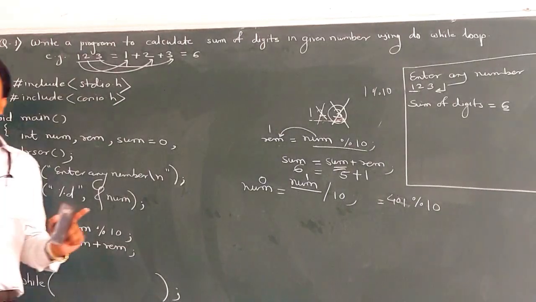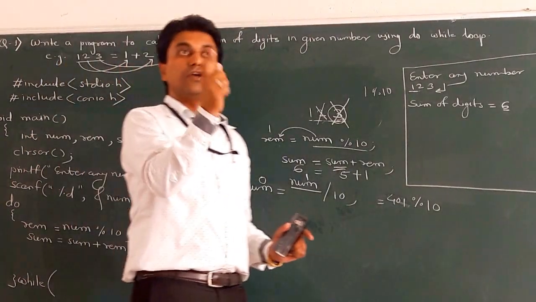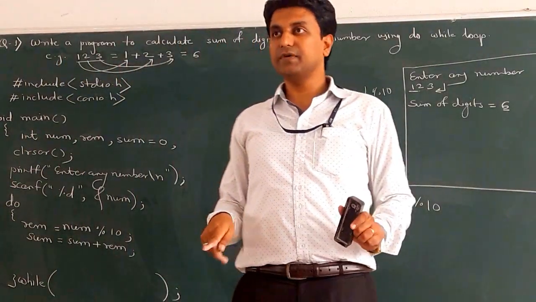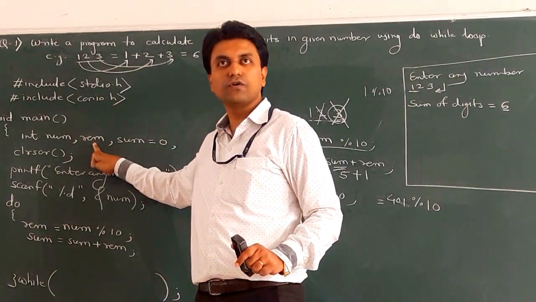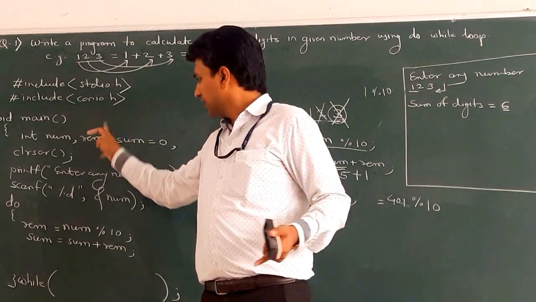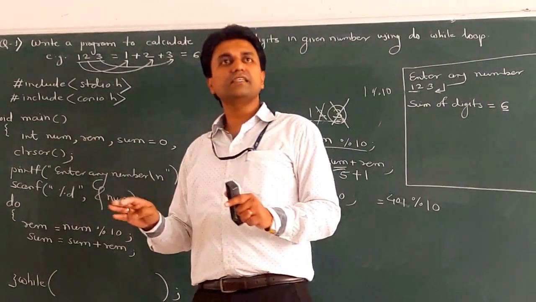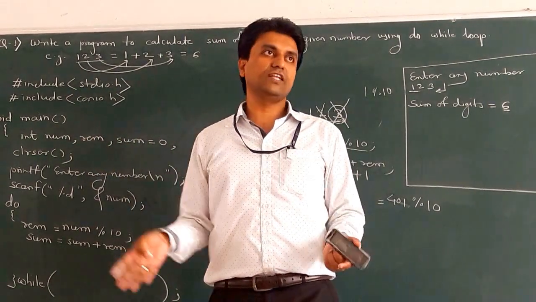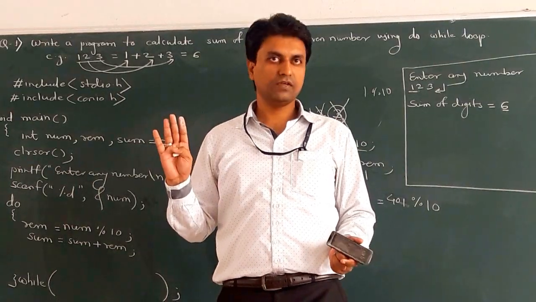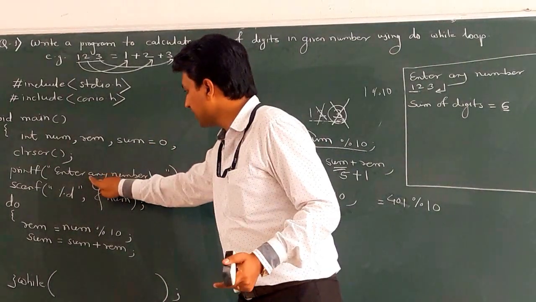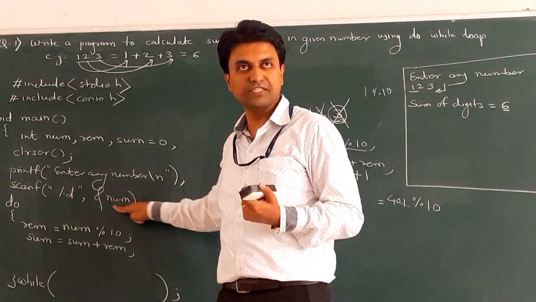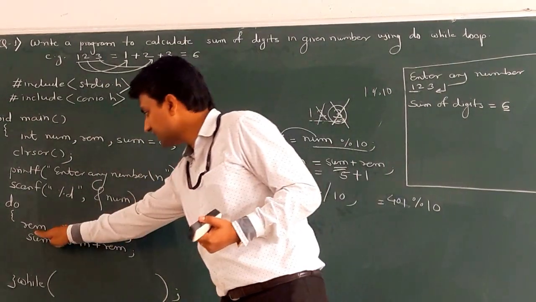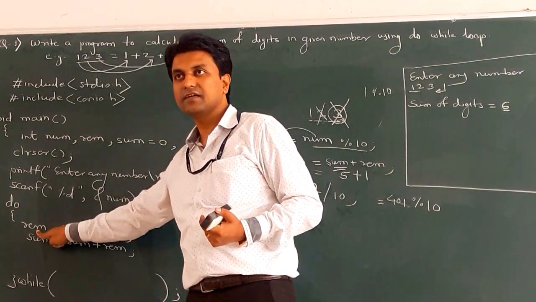Whenever you use any variable, it should be initialized before use. But why can we not initialize remainder to 0? Number and remainder initially contain garbage values. But here you can initialize num, because you take the value from the user, and remainder is assigned here.